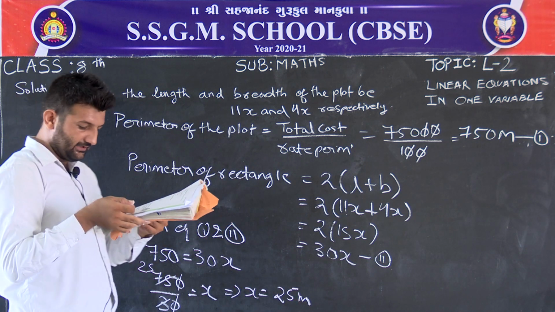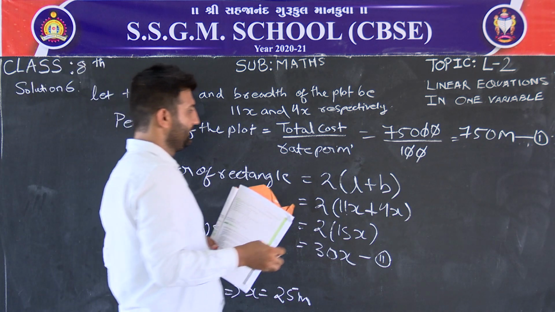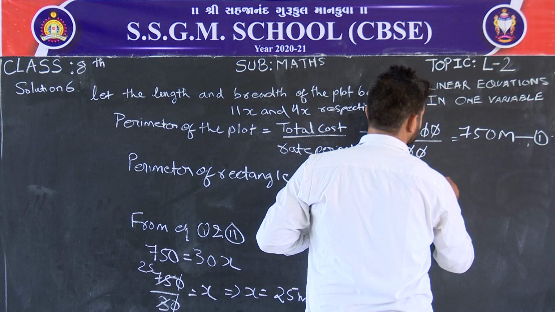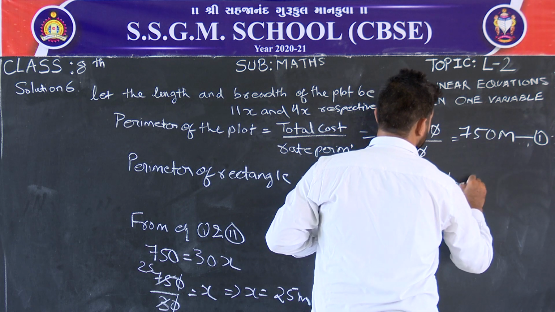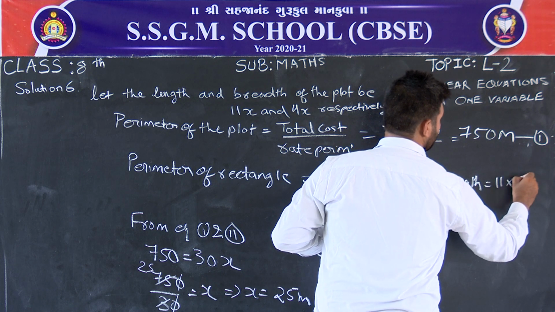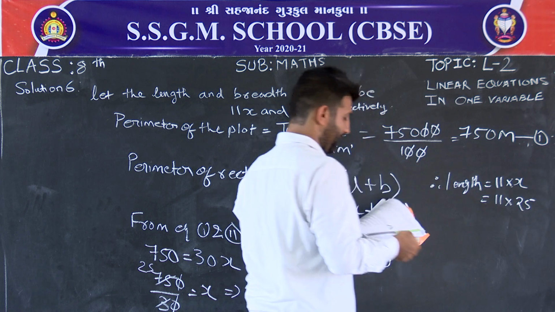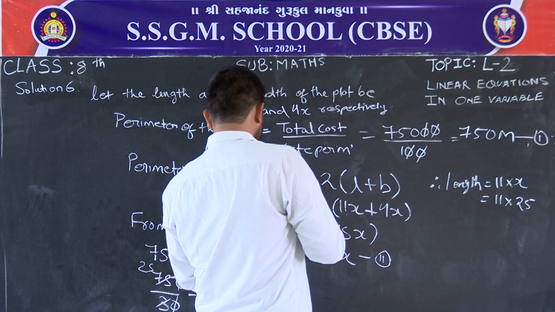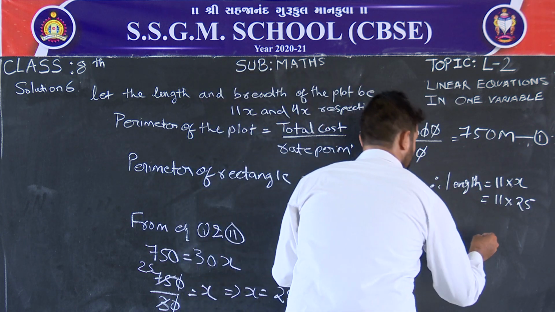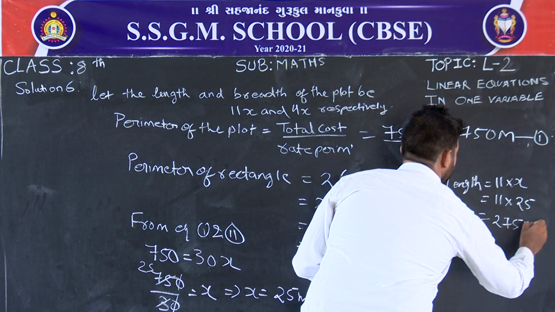In this question they ask what the length and the breadth are. Therefore length is 11 into x, that is 11 into 25, which will be equal to 275 meter.